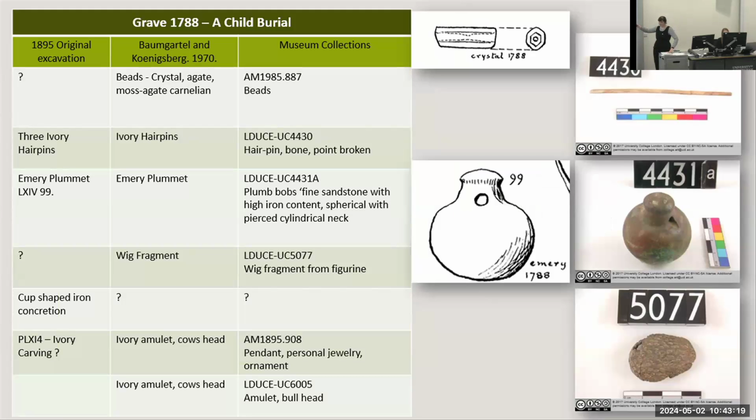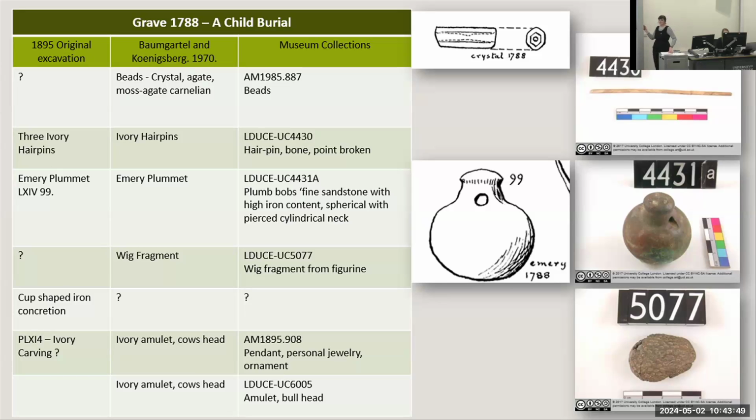As you can see in the table, I've also included the record provided in the 1970 supplement to that excavation. In their supplement, they recorded beads of crystal, agate, and carnelian, ivory hairpins again, an emery plummet again, a wig fragment, and 2 ivory cow heads, amulets. So we've gone from an ivory carving to an ivory amulet. Keep that in your heads.